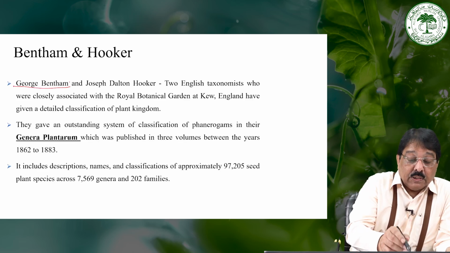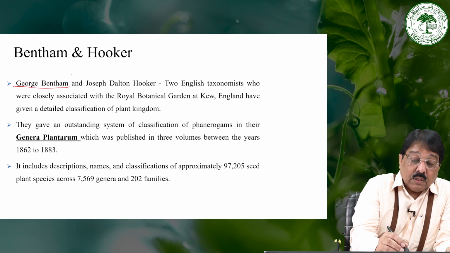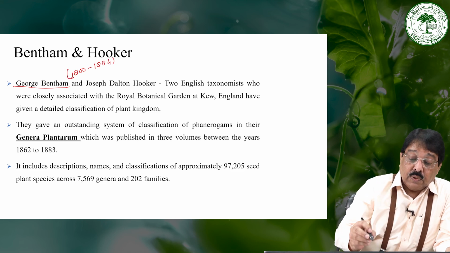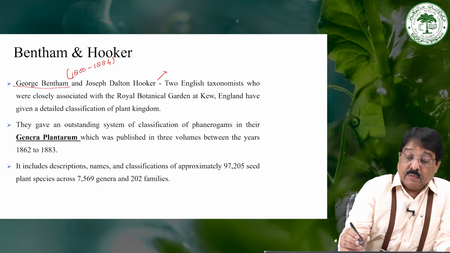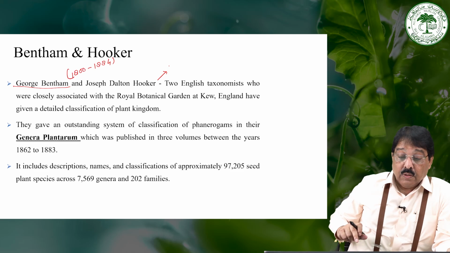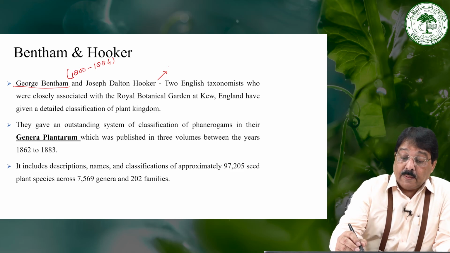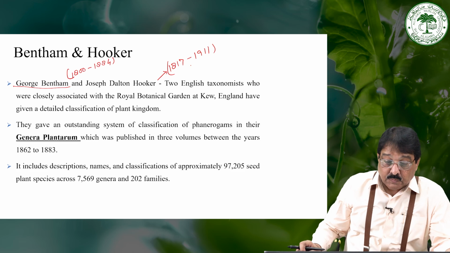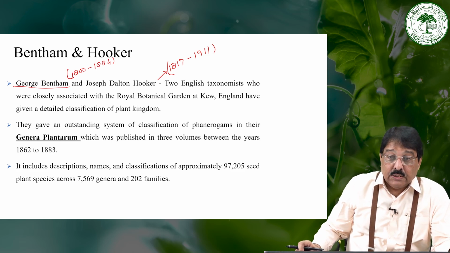George Bentham was born in 1800 and died in 1884, while Joseph Dalton Hooker was born in 1817 and died in 1911. They worked together. They were Britishers.